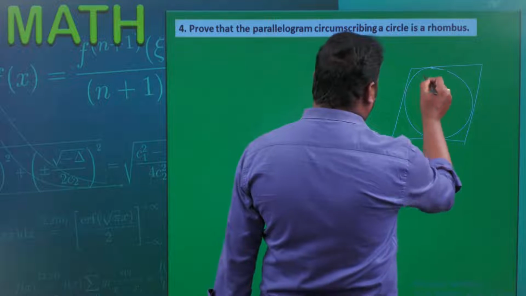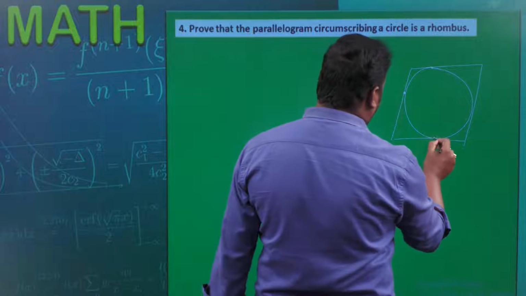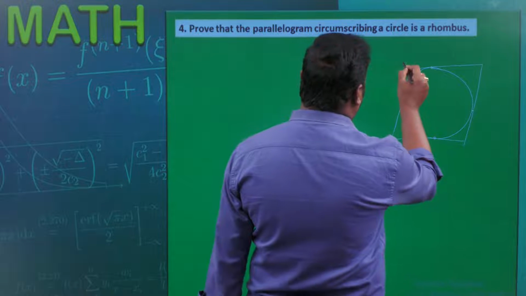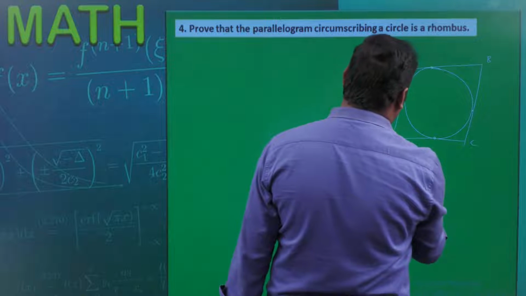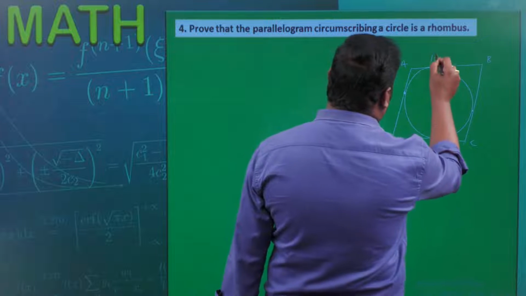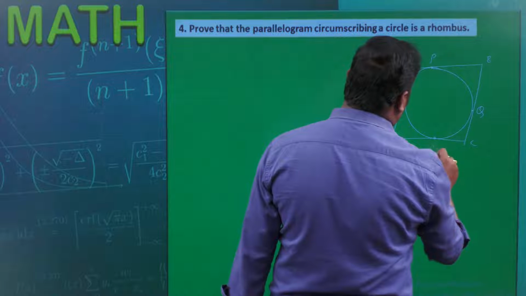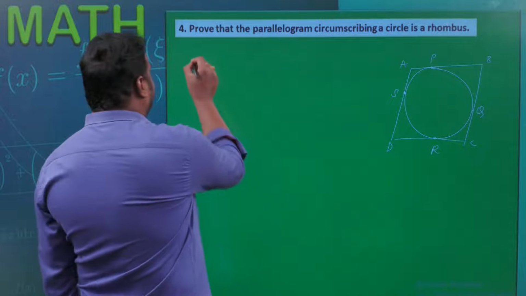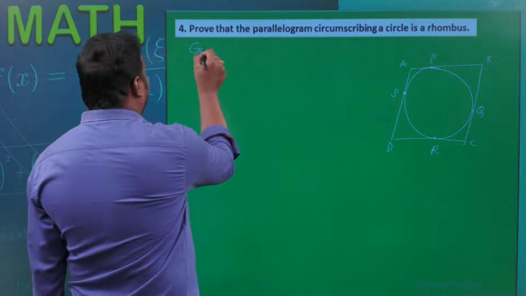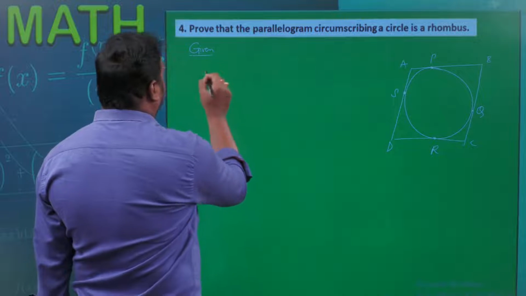So these are the points of contact. Suppose ABCD is a parallelogram. The points of contact are, let it be P, Q, R and S. Now I would like to write the given information. What is the information given in the problem?